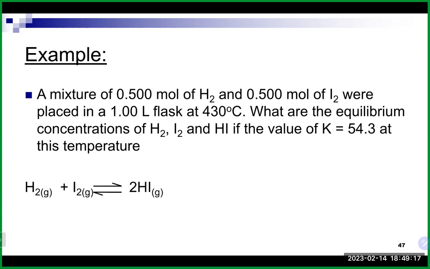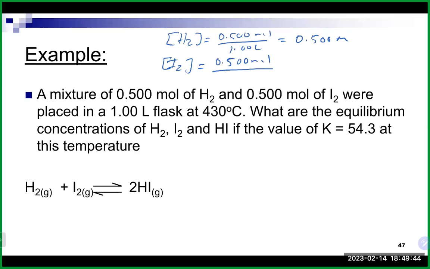So obviously we're going to do our ice table here. We do need some concentration, so this is not too bad since it's basically divided by 1. So the concentration of H2 will equal our 0.5 moles divided by 1 liter, which will give us 0.5 molar. And we'll get the same thing there for I2 as it's the same calculation, 0.5 moles divided by 1 liter will give us 0.5 molar.